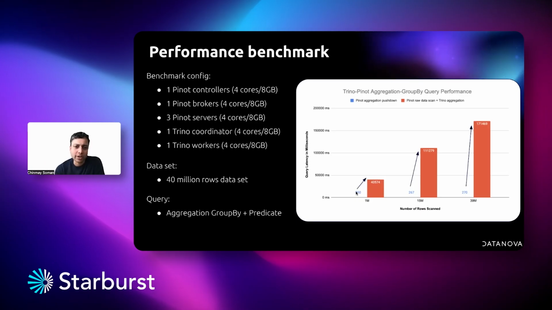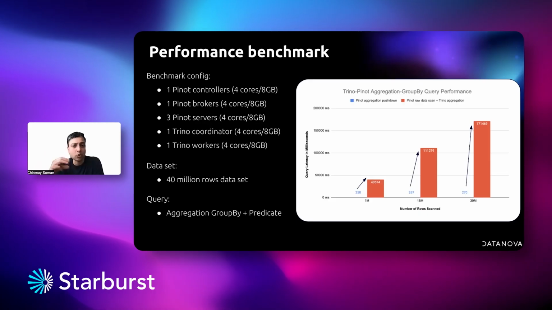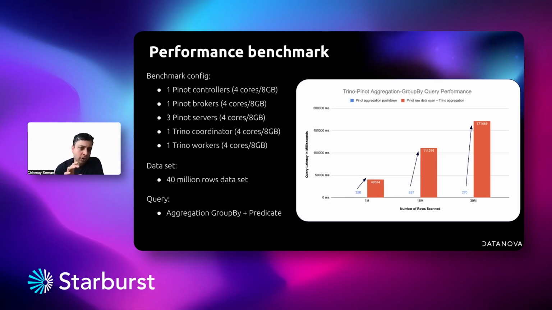On the other hand, if you look at the Pinot latencies in blue, they're relatively flat. This is because even if the total data set that it needs to process changes, it can still use its routing and indexing optimizations to prune most of the segments, or to ignore most of the rows and only focus on the ones that are relevant to that query.